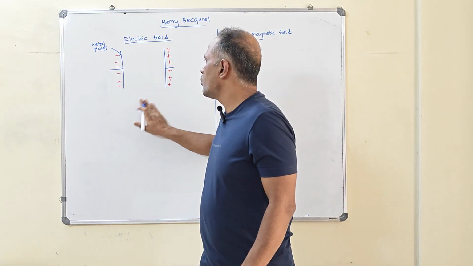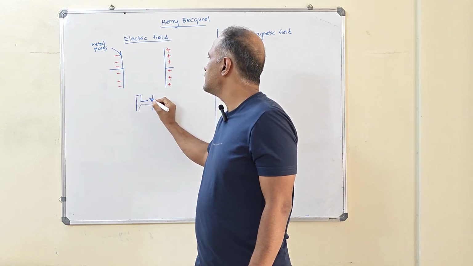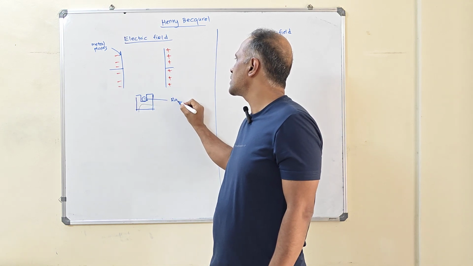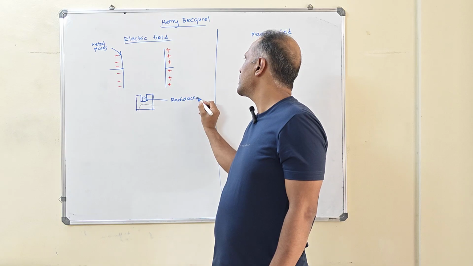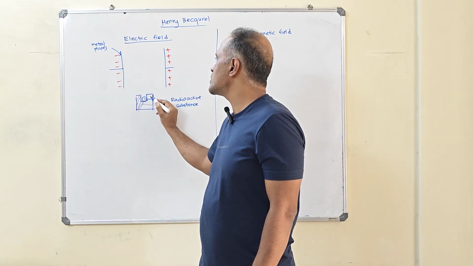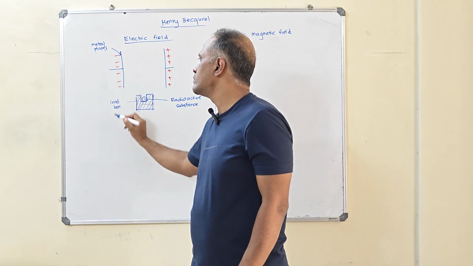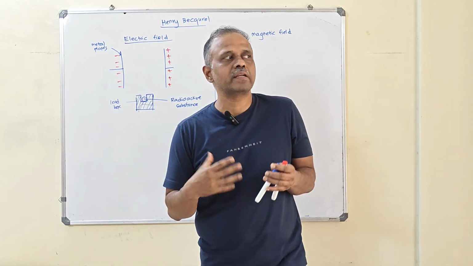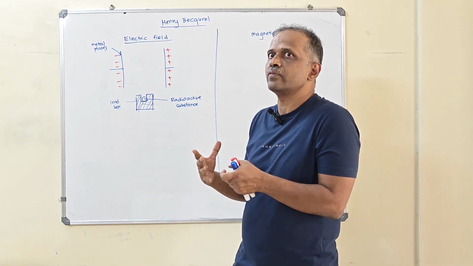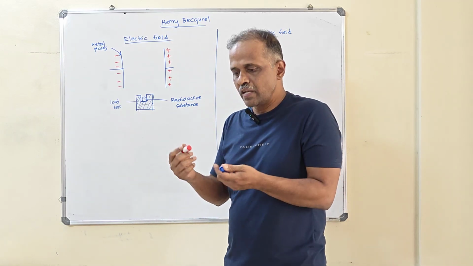Even we can create an electric field in other ways, but that is out of the scope of this lecture. Now what Henri Becquerel did was, he took a radioactive substance in a lead box, and he studied the effect on the radiations coming out of it, that is, how they behave when an electric field is applied across them.